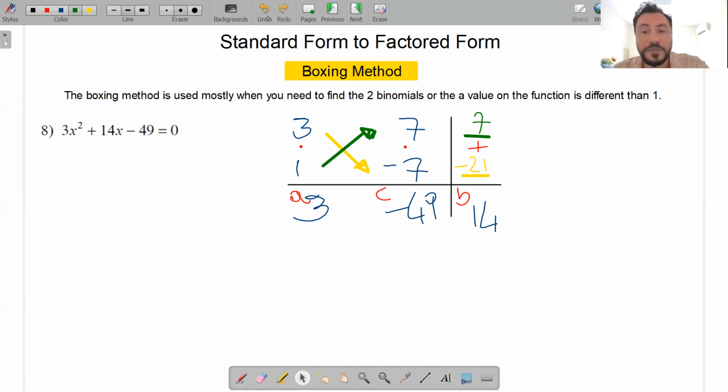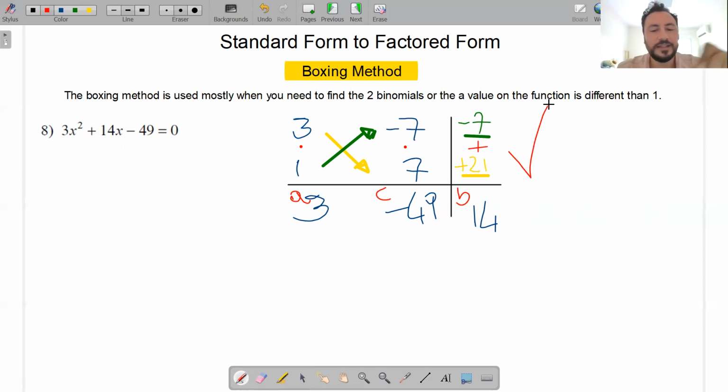In this case, the one that we need to switch is just the negative. We'll put the negative on top. And now we have negative 7 here and plus 21 on the bottom, sorry. 21 plus 7 will give you 14. So my order is right.